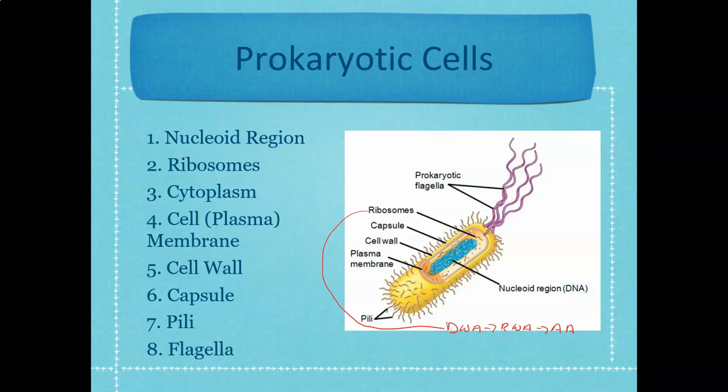Some bacterial cells, some prokaryotes have all of these structures, some of them only have some of them. Those flagella, for example, can actually come in a lot of different orientations and varieties in terms of not only the number that they have, but where they get stuck out of the cell too. So lots of interesting stuff when it comes to looking at bacteria, what they do and what they look like.